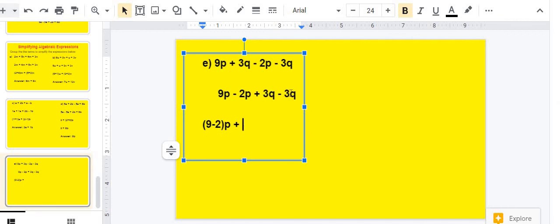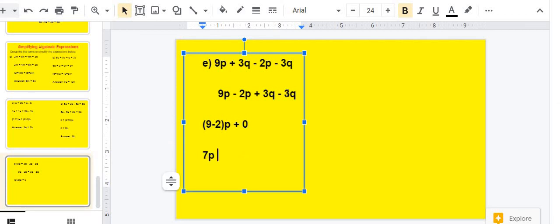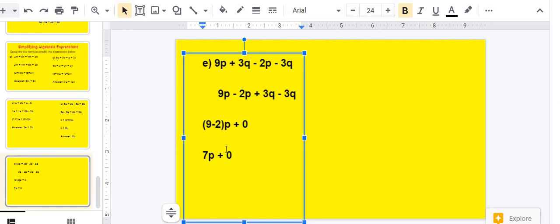As I said before, any number that is subtracted from itself is 0. Same thing for terms. Any term that is subtracted from itself is going to give you 0. Okay, so 9 minus 2 is going to give us 7. That's 7p plus 0. And the neater way to write it, this answer is still correct. If you left it like this, it would still be correct. But a neater way to write it is to just write 7p.